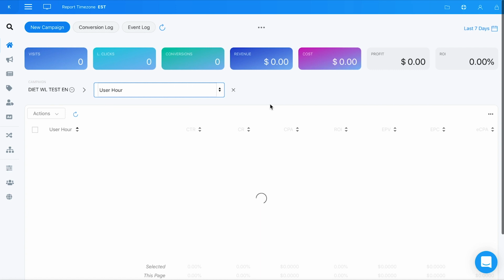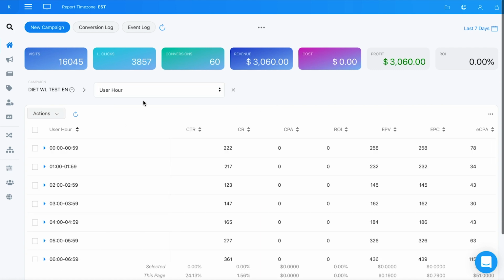And I will show you the difference. What a user hour is, and what this report does, is it shows us regardless of where the user was. And mind you, this campaign was spanning the United States and Canada and even the UK, so mostly English speaking developed countries.